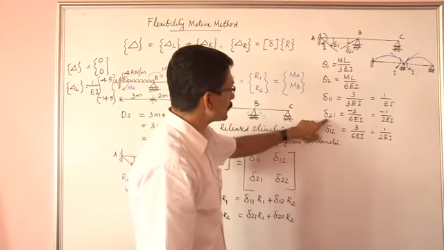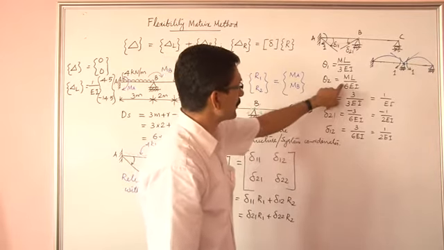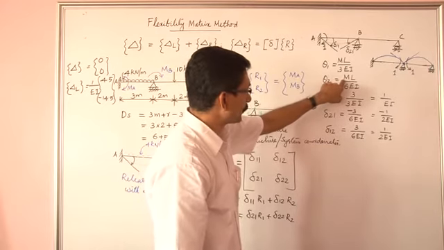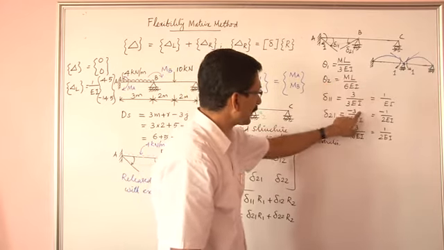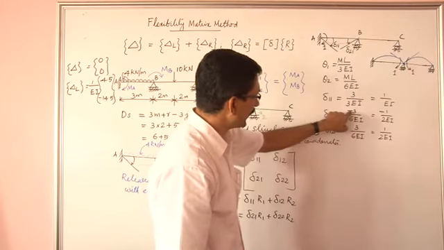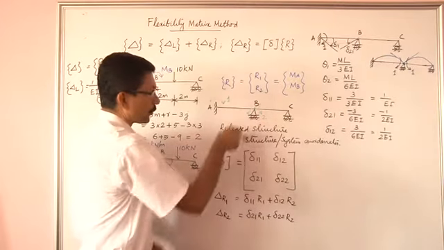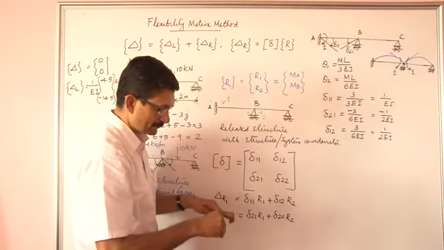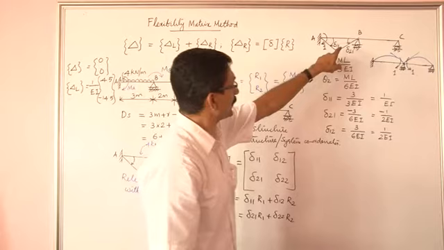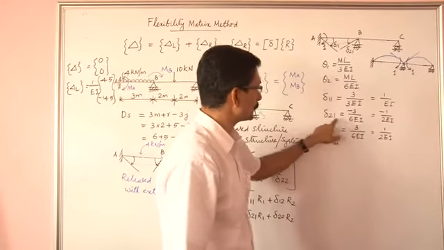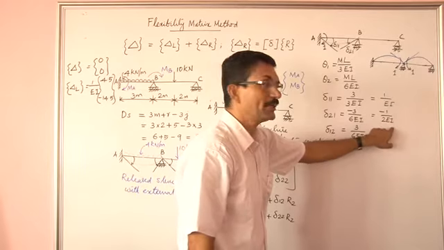Now delta 21 as per this equation would be M equal to 1, L equal to 3, divided by 6EI. Now the minus sign is because the coordinate is assumed as clockwise, whereas the rotation here is anti-clockwise. That is why we have a minus sign. So delta 21 is equal to minus 1 divided by 2EI.